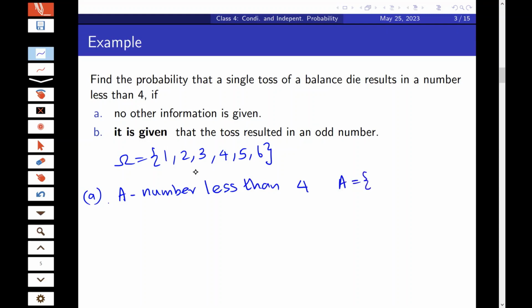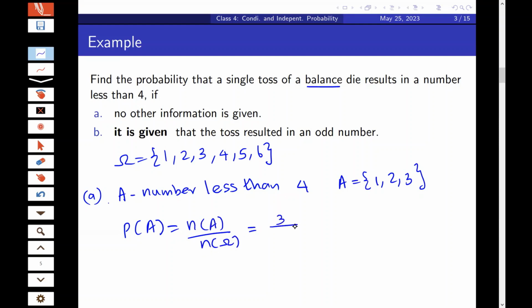That means you should get any of these three numbers: 1, 2, 3. So you can find the probability of A, and this is a balanced die, so it is equally likely. So you can have N(A) over N(omega). N(A) means number of items in A over number of items in omega. So it is 3 over 6. It is 1/2.